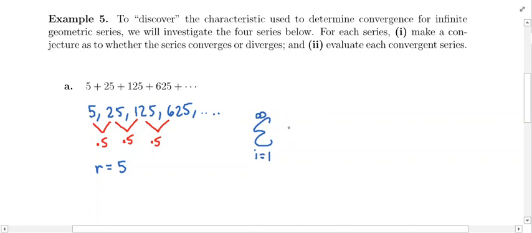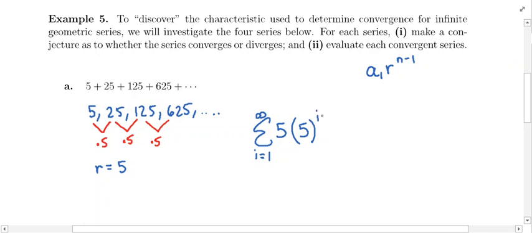What does the expression look like that we are adding up? Okay, well, here's a little shortcut about how you can write it. We've seen this before from our prior discussion. If you're trying to algebraically write down a geometric sequence or series, it has the format a1 times r raised to the n minus 1 power. Okay, so if you do that here, i is going to be our index of summation. We would use a1, that's the first term, that's going to be 5 times the r value. The r value is 5, raised to the n minus 1 power.